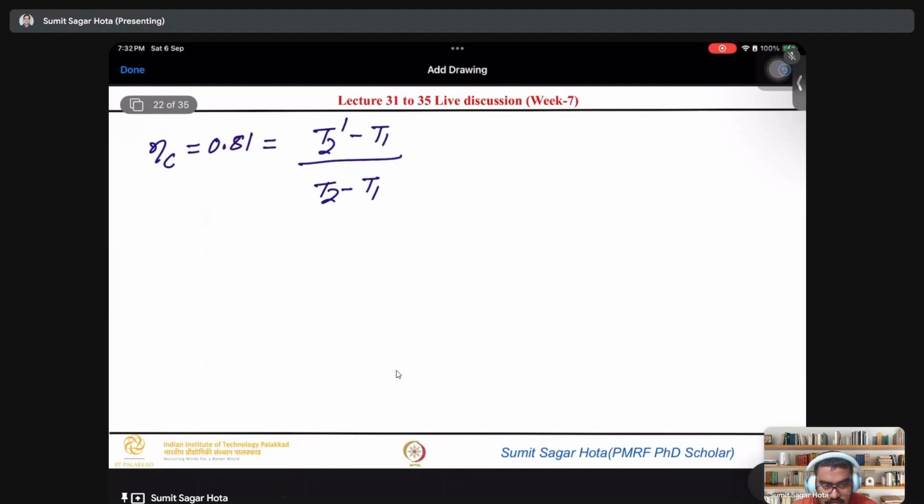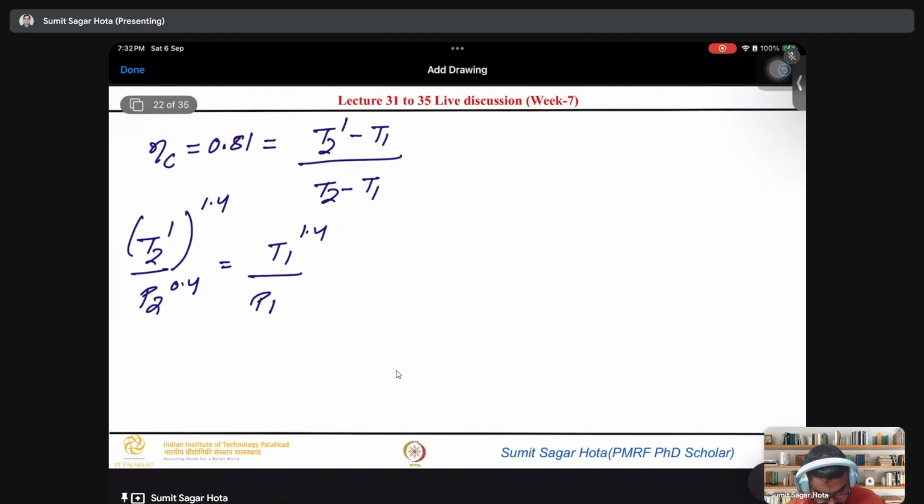So T2 dash by P2 to the power 0.4 over 1.4 is equal to T1 by P1 to the power 0.4 over 1.4.